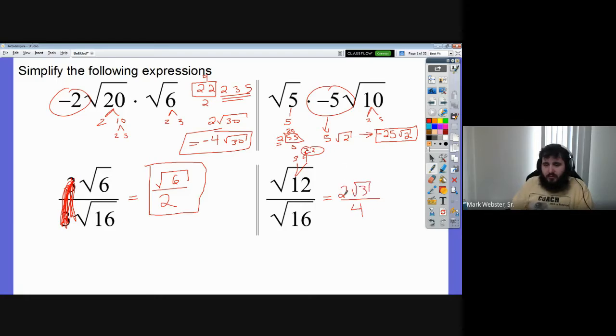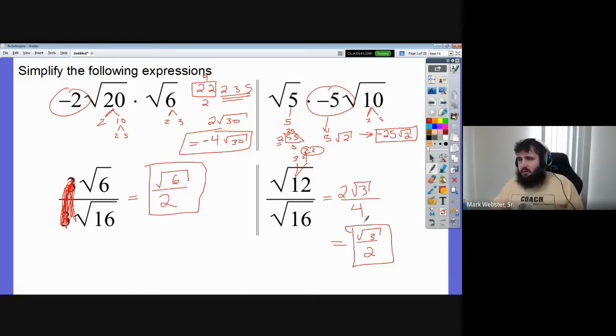What's left over is the 3, and now we can simplify what's outside. 2 over 4 simplifies to 1 over 2. Don't overthink these. These are not difficult. Simplifying fractions, it's basically you're just dealing with 2 separate lanes, the numbers and the radicals.